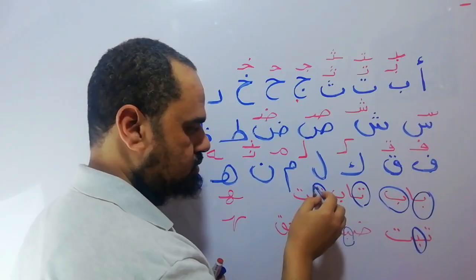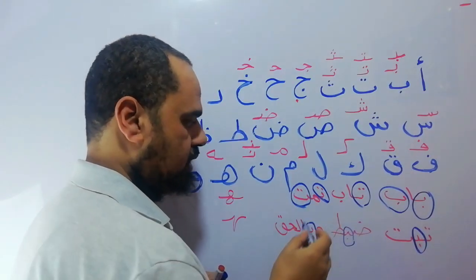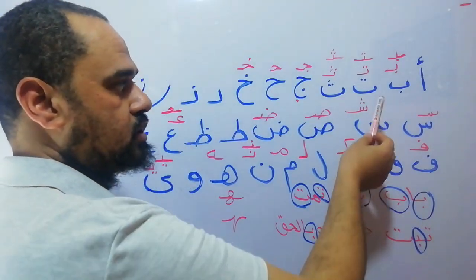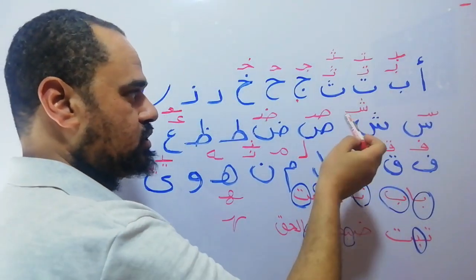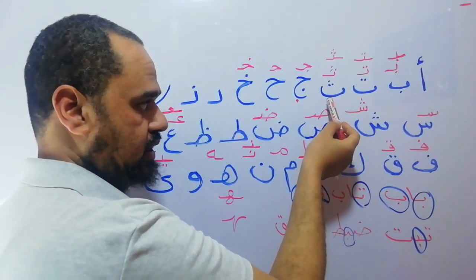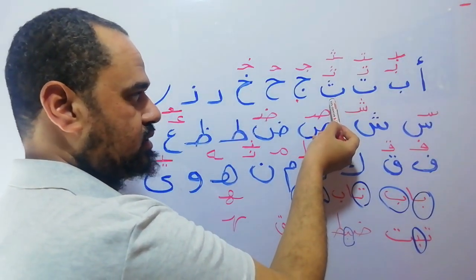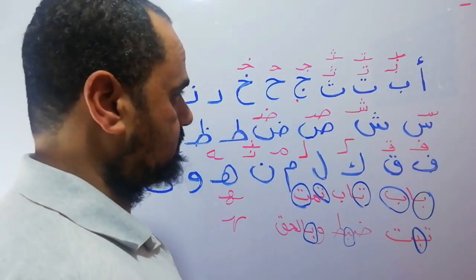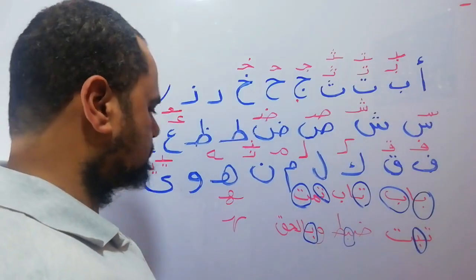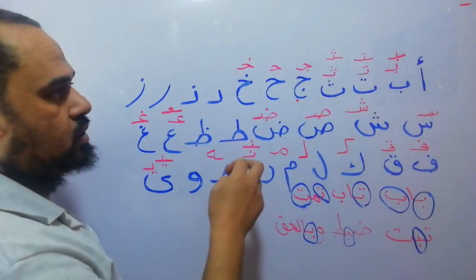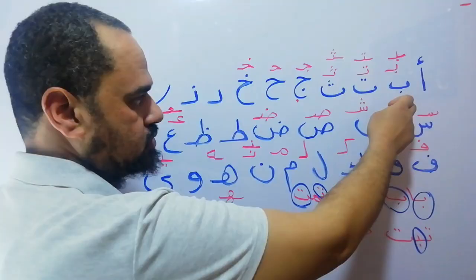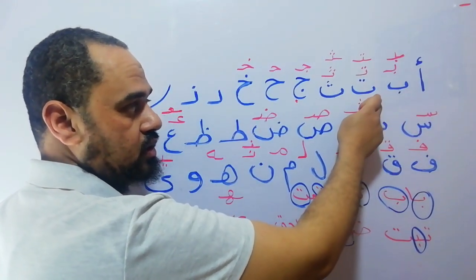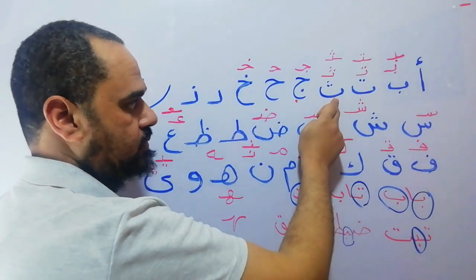This is at the beginning also, and this is at the end. What we did with الباء, we will do it with التاء and الثاء. حرف الثاء, the letter of ثاء. Okay. Let's read those letters: ألف, باء, تاء, ثاء.